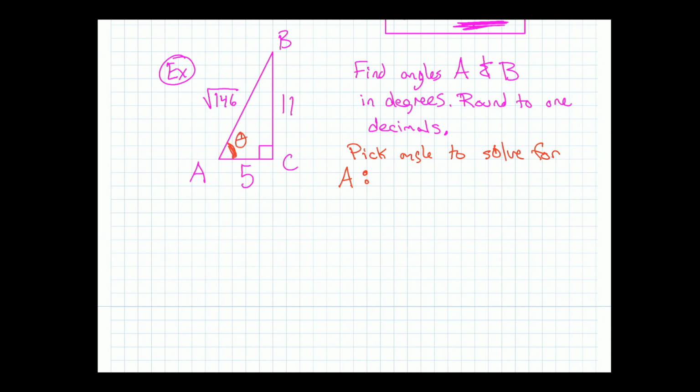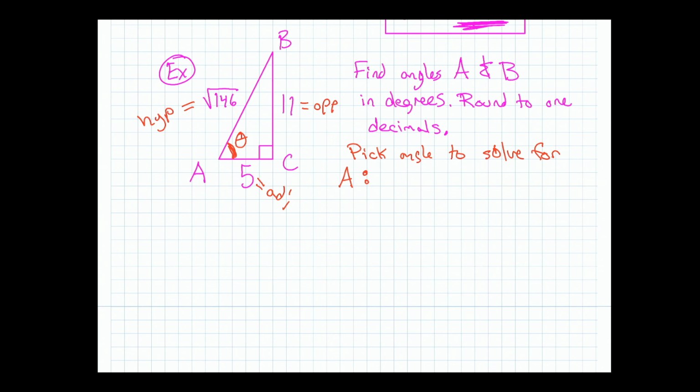Then in terms of that theta, what are the sides that we have? This one would be the adjacent at that point. This one would be the opposite. And this one would be the hypotenuse, right?